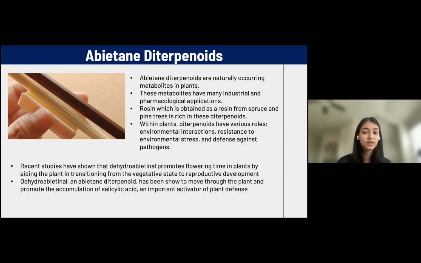They have environmental interactions, resistance to environmental stress, and defense against pathogens. Recent studies have shown that dehydroabietinal promotes flowering time in plants by aiding the plant in transitioning from the vegetative state to reproductive development. It has been shown to move through the plant and promote the accumulation of salicylic acid, an important activator of plant defense.